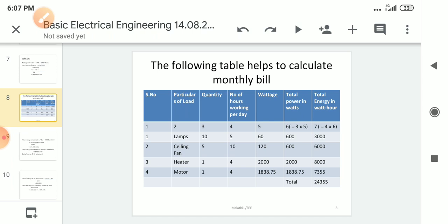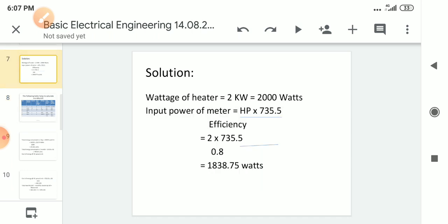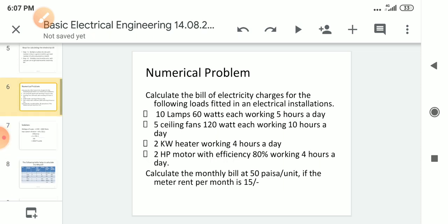Wattage. Each lamp is having 60 watts. Each fan is having 120 watts. Heater 2000. Motor, just now we solved, 1838. For the motor, they have not given it in watts. They have given it indirectly in this question.